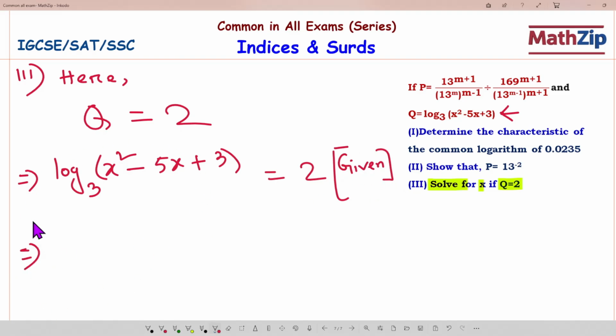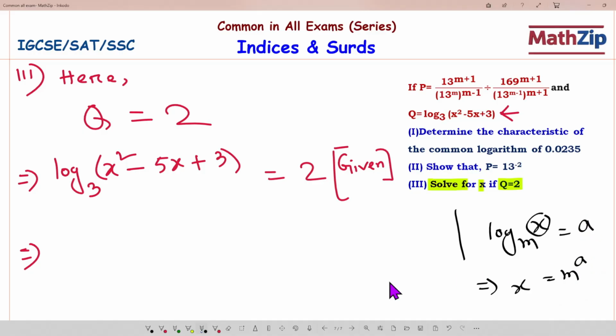Now it's a very interesting thing. We know a law like log of m base x equals, suppose, a. In this case we can write this is x, the base will be the same, m, and the power will be a. Similar thing here, this is x.